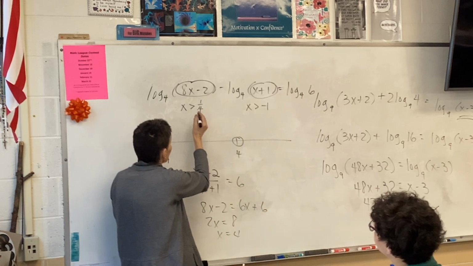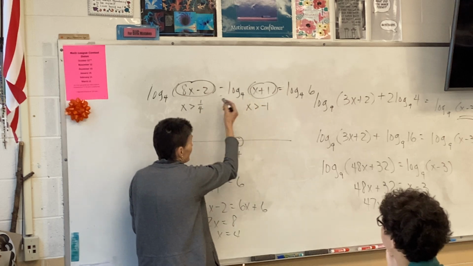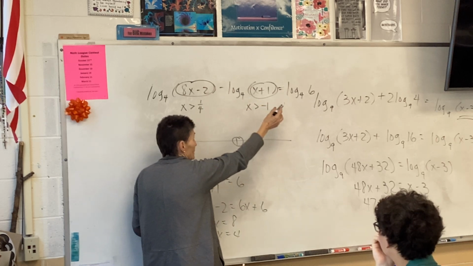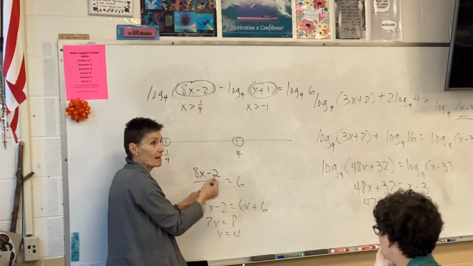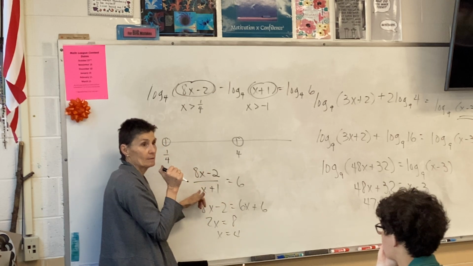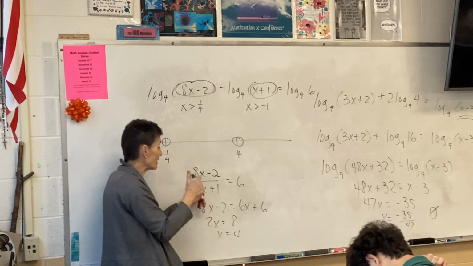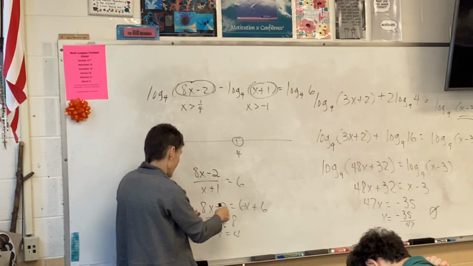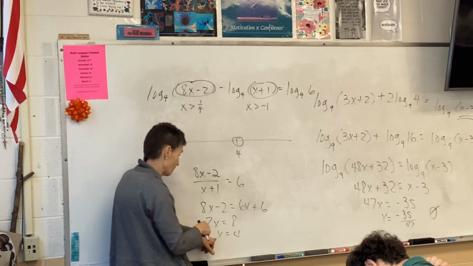So I went ahead and divided these two things and set that equal to 6. Now, does that bother anybody? Did I skip a step in there that bothers you? And then I solved this, and if I did it right, I got 4.